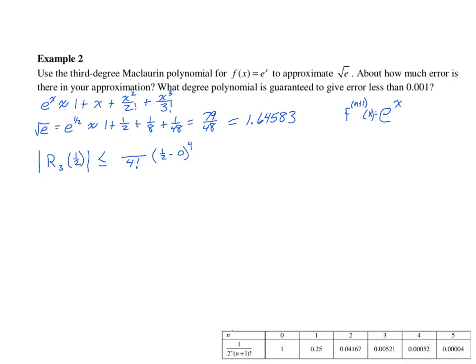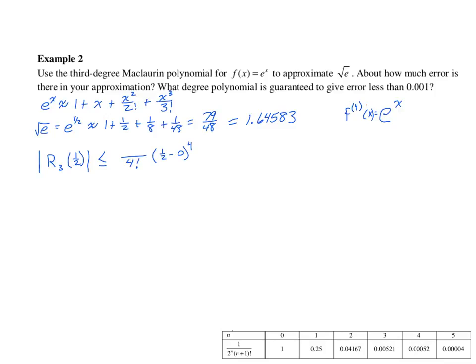In this particular case, the n plus 1 derivative is actually the 4th derivative, which is e to the x.